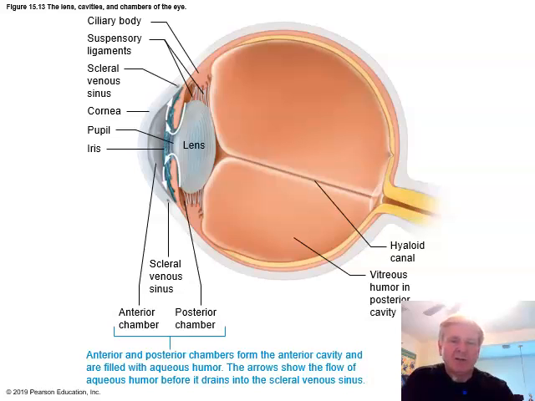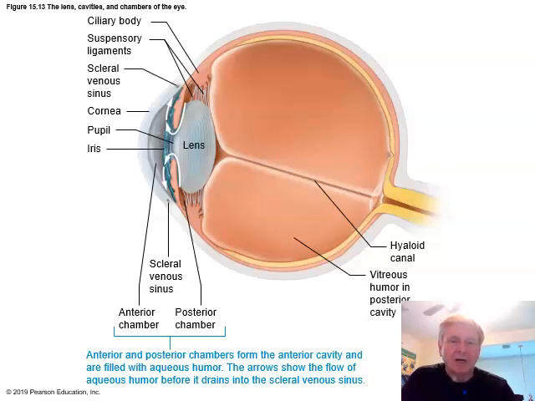Aqueous humor is secreted by the ciliary body, and then, as it's secreted, it circulates from the posterior chamber, goes through the pupil, as you see those white arrows, and into the anterior chamber of the anterior cavity. And then that fluid will be drained into a sinus called the sclerovenous sinus, or the canal of Schlemm. Okay.